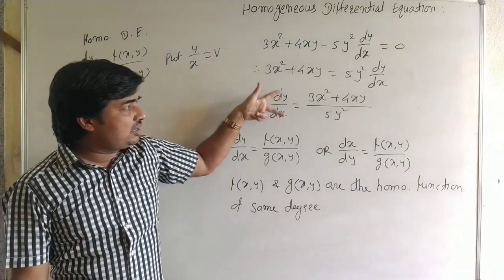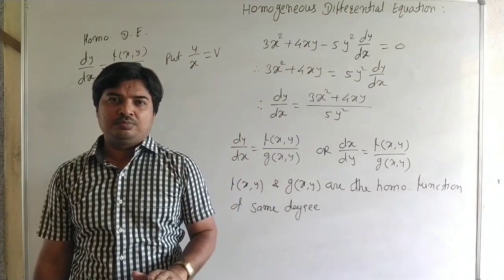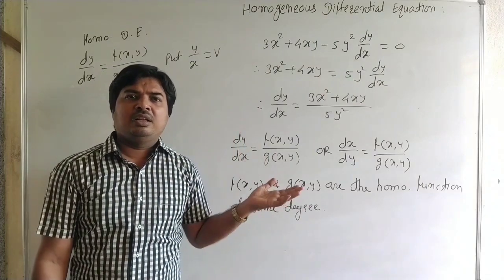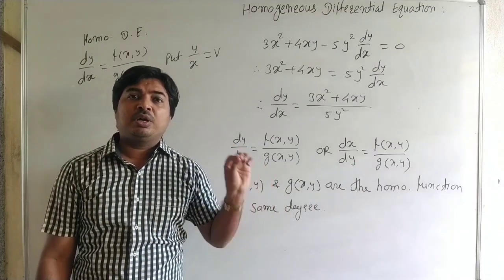Here we reduce this equation to the variable separable form by using the substitution. In the last lecture we also saw reducing a differential equation to the variable separable form by using a substitution.